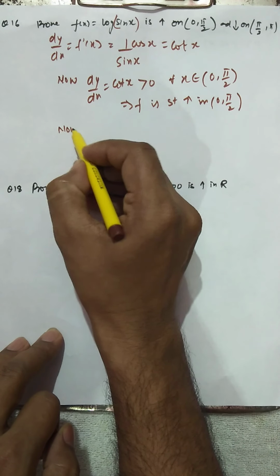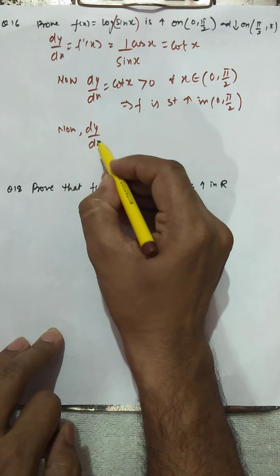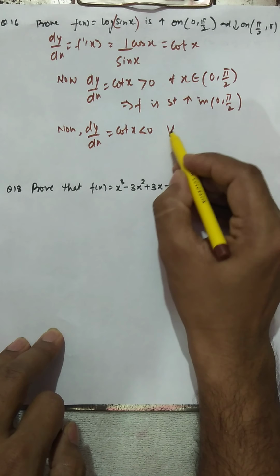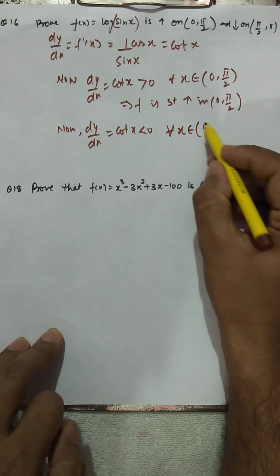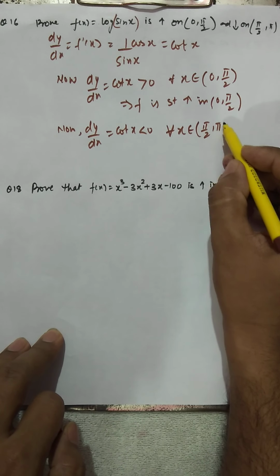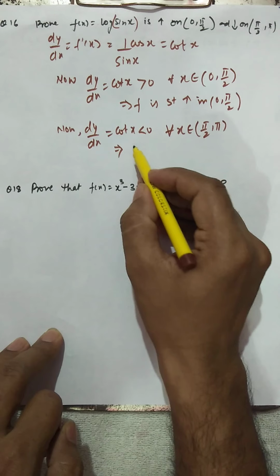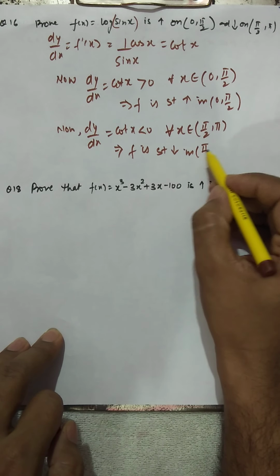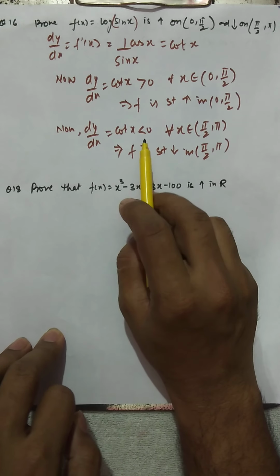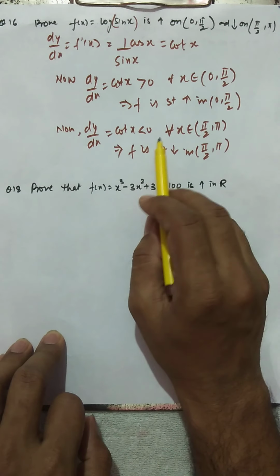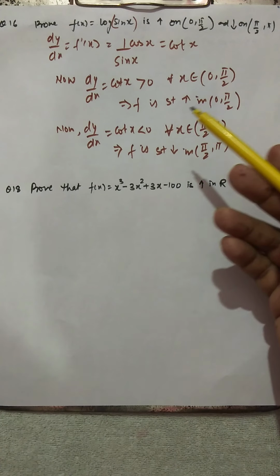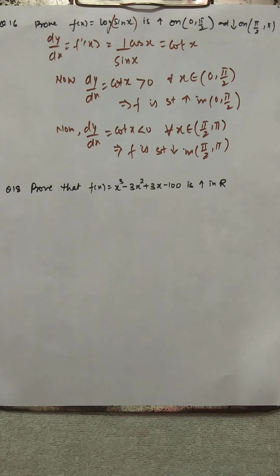Now you can again see dy by dx equal to cot x is always negative for all x belonging to pi by 2 to pi. So it implies that f is strictly decreasing in pi by 2 to pi, because cot is negative in the second quadrant. So according to the quadrant and the definition of trigonometric functions, we can easily decide where these functions are increasing and where they are decreasing.